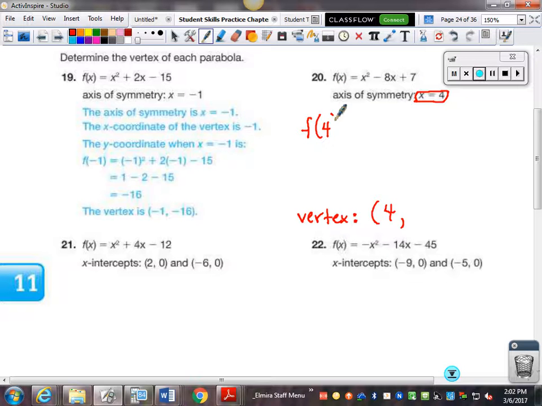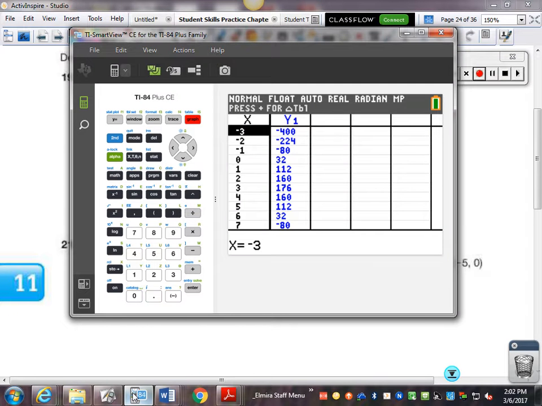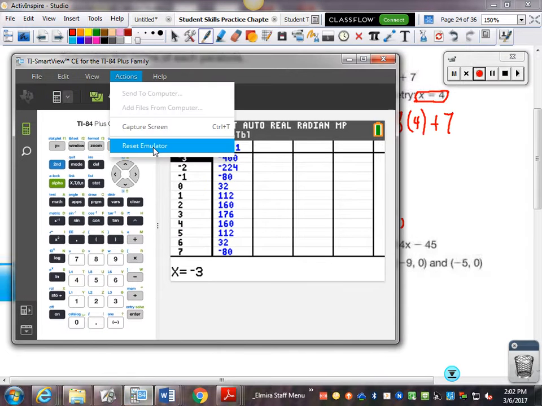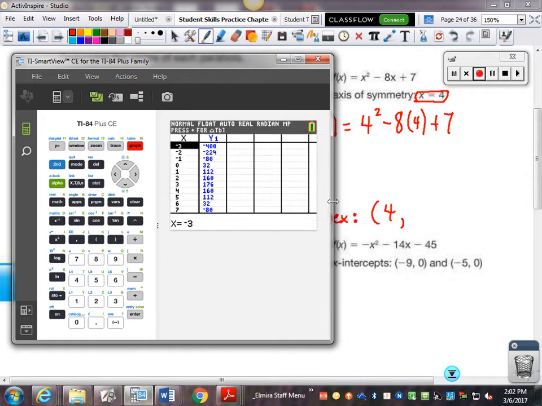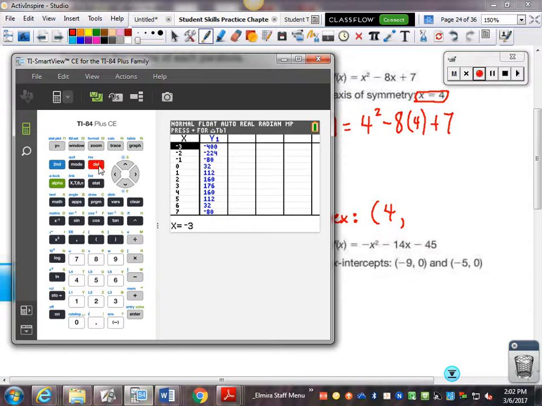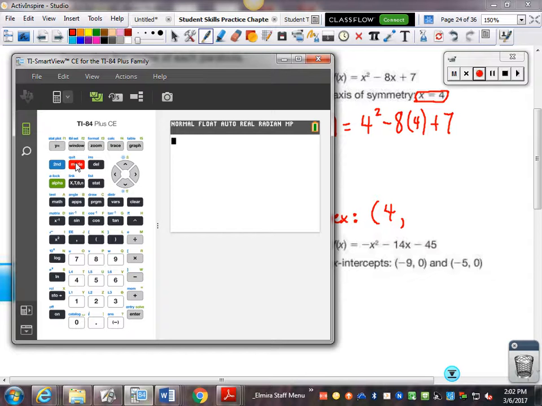So f of 4 equals 4 squared minus 8 times 4 plus 7.